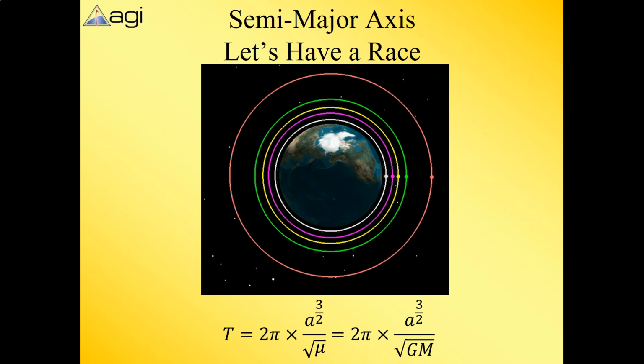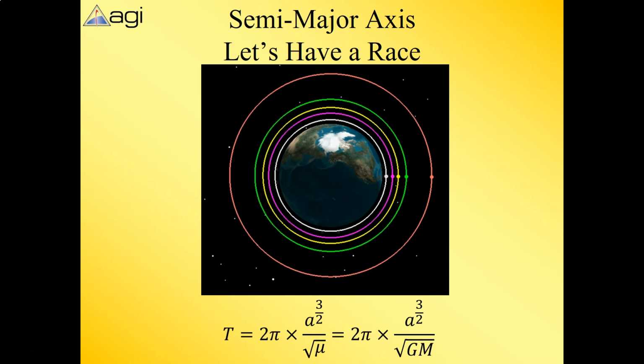Pi is a constant. 2 and 3/2 are knowns. It is the 3/2 power that we're concerned with here. The larger the A is, the larger this term is. Therefore, the larger A, the greater the period.